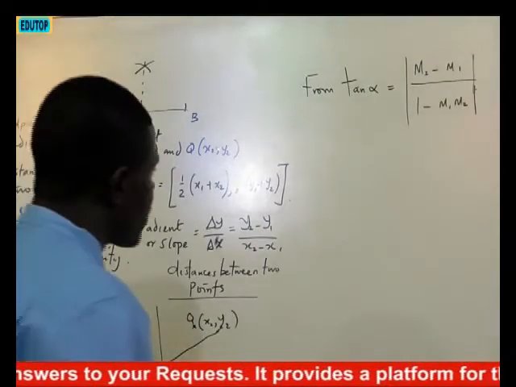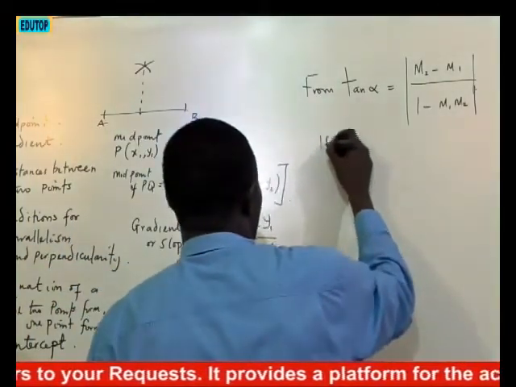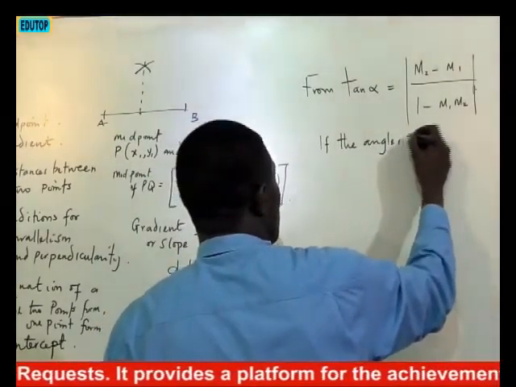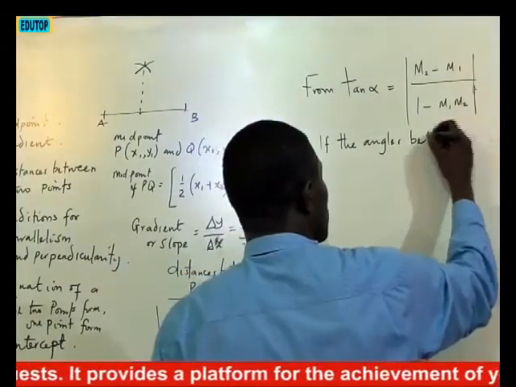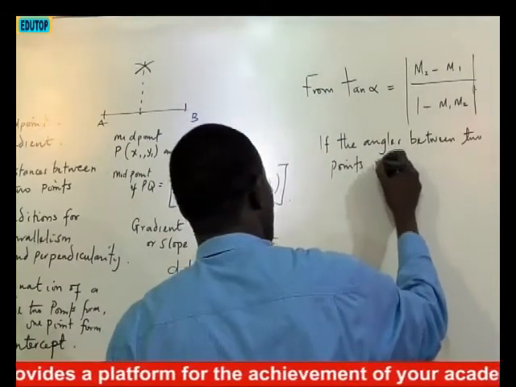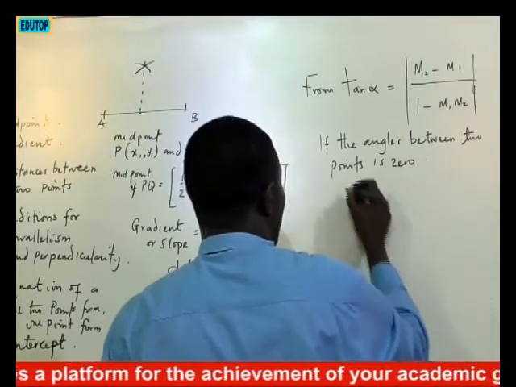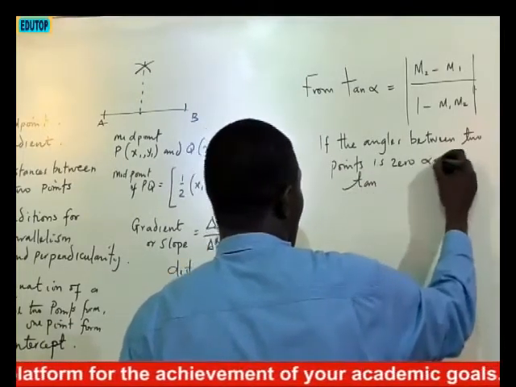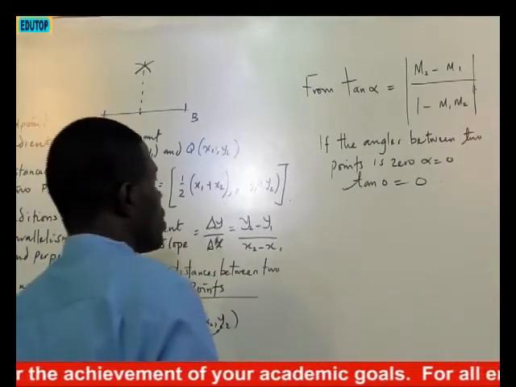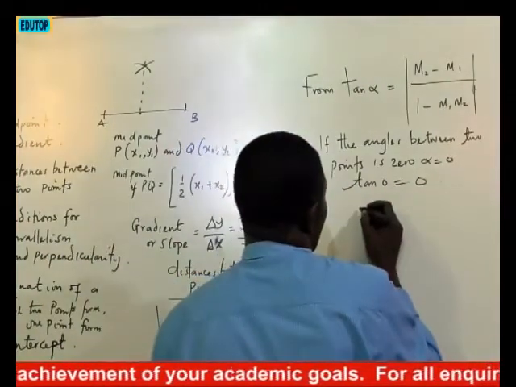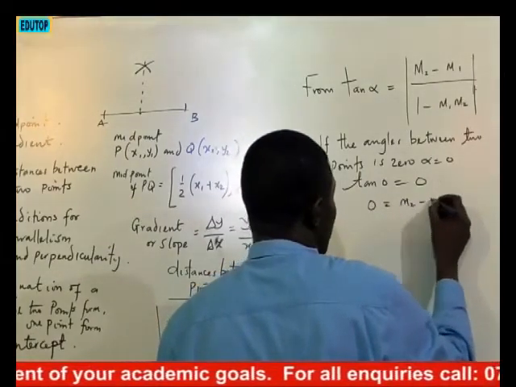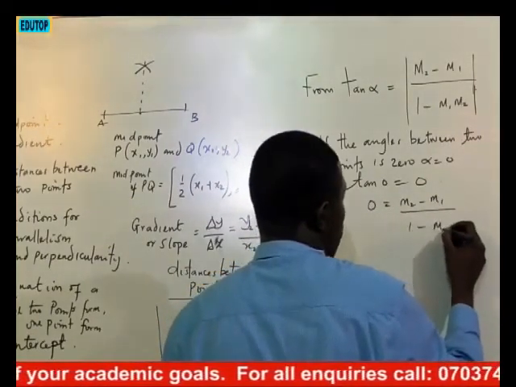If the angle between the 2 lines is 0, that means alpha is 0, then we have tan 0, which is 0. Going to this formula, we have 0 equals m2 minus m1 over 1 plus m1 m2.